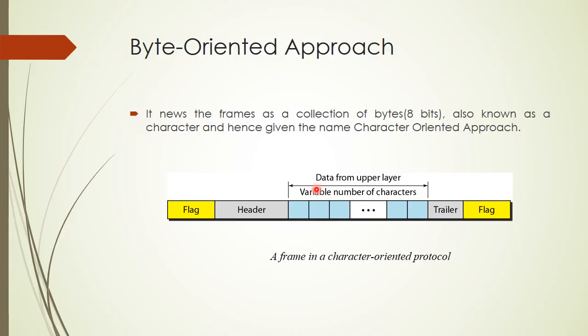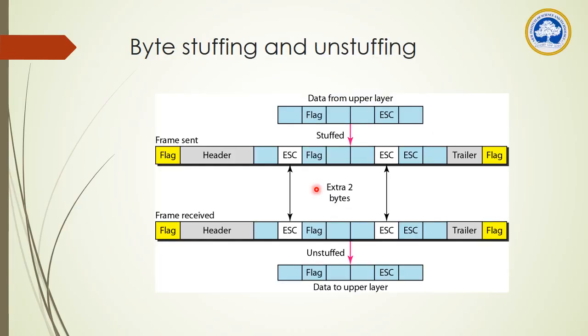So this is how a frame in a character oriented protocol looks. If you consider byte stuffing and unstuffing, it is done with the help of byte oriented protocols, that is, binary synchronous communication protocol, digital data communication message protocol, and point to point protocol.